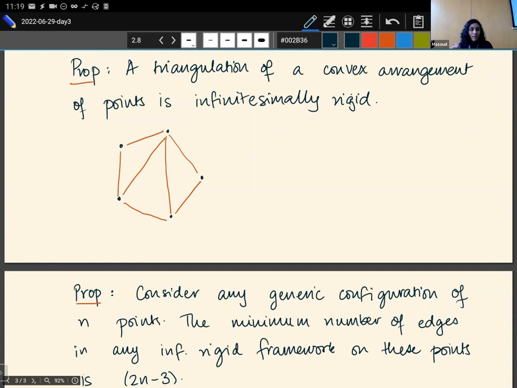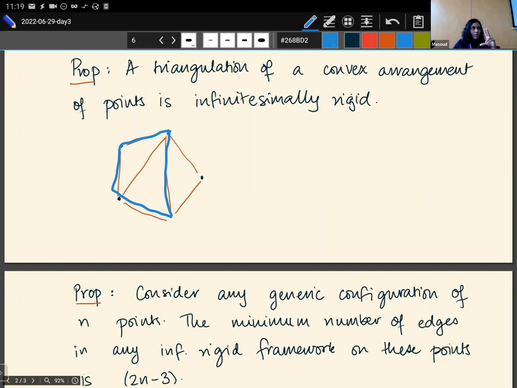Maybe you can convince yourself visually of that. Because if you think about it, if I remove an external edge, then things are easy because I get some dangling bits and I can move them. But if I remove an internal edge, what can I do? I get this quadrilateral without any diagonals.